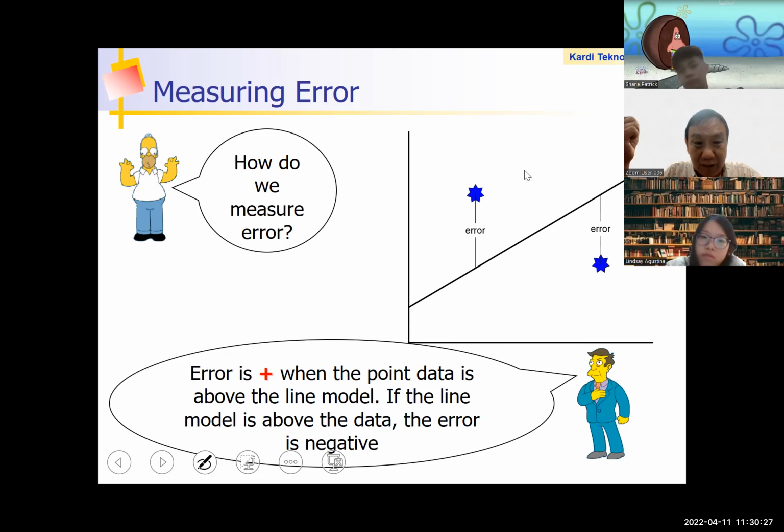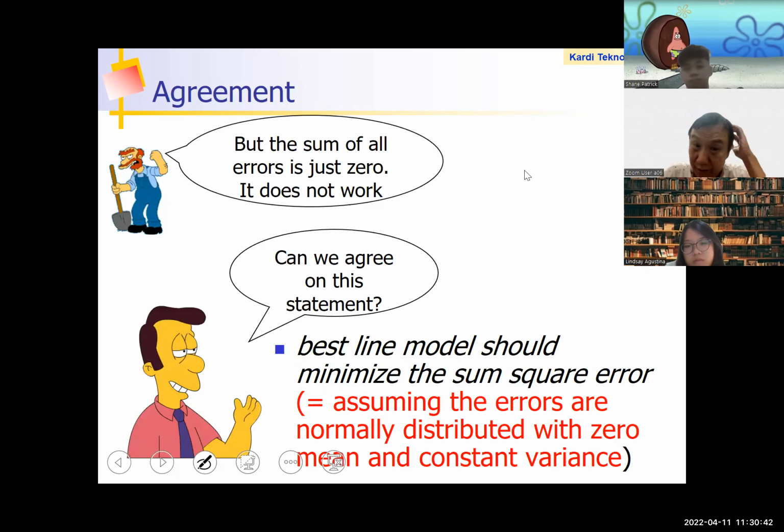When the data point is above the line model, then the error is positive. So error can be positive, can be negative.